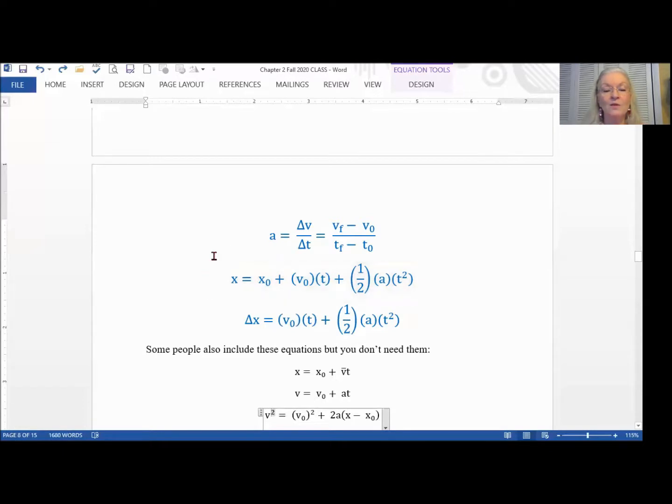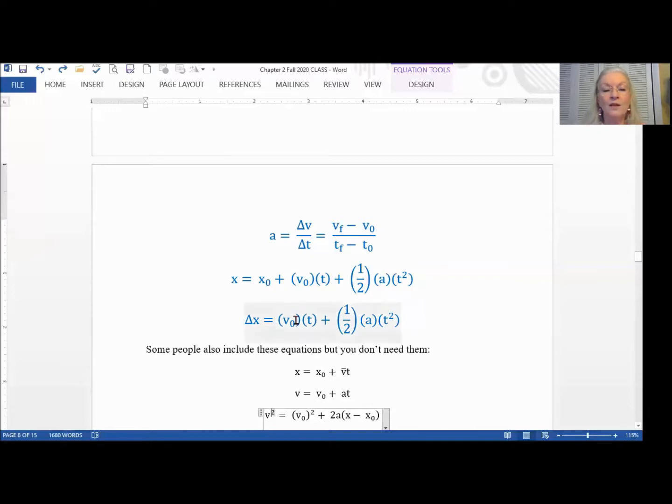Sometimes this confuses people, and so we probably will start writing it as delta x, which is what you'd get if you just subtracted x0 from both sides. X minus x0 gives us delta x. So delta x is equal to v0 multiplied by t plus 1/2 at squared.